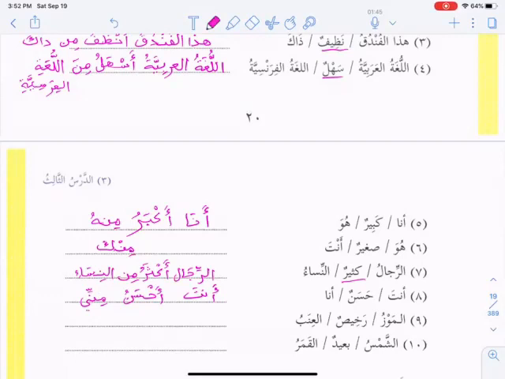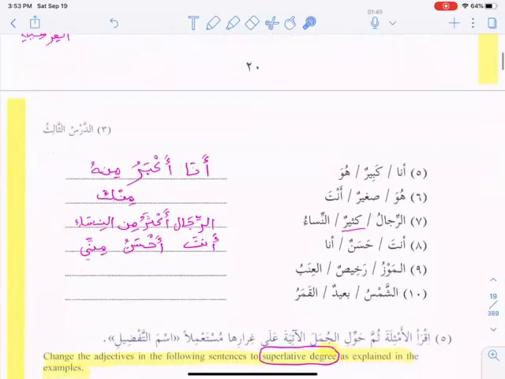Al-mawzu rakhisun. Inaba. This is your bananas and this is your grapes. Al-mawzu arkhasu. What will you say? Al-mawzu arkhasu minal inabi. Okay, fine. Ashamsu, the sun, is farther away in space.